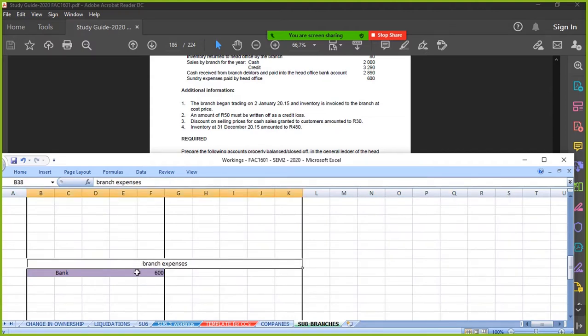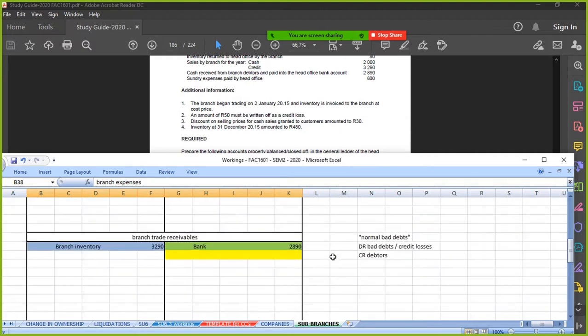Because earlier we said that the branch needs to account for its expenses. Right, this is an expense, but it relates to who? The branch. Does that make sense? Yes. Okay, I get what you're saying. You could have shown this as bad debt or credit losses, but that's only if the head office wanted to classify this for the entire business, right?